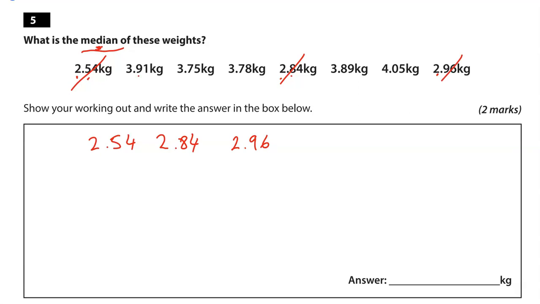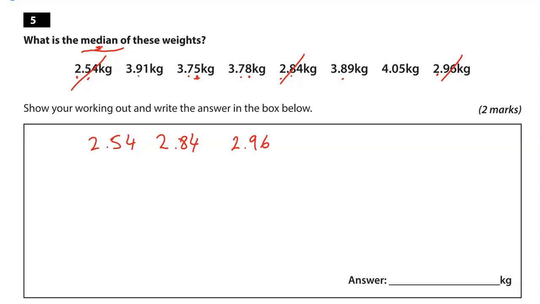Looking at the 3s, what do they have as a second digit? So we've got 9, 7, 7, 8. So looking at the 7s, because they're lower than 8 and 9, that means we need to then look at the next digits, so 5 and 8.